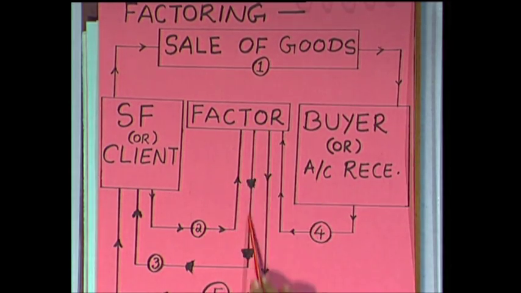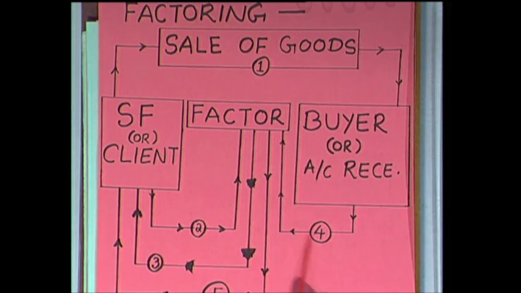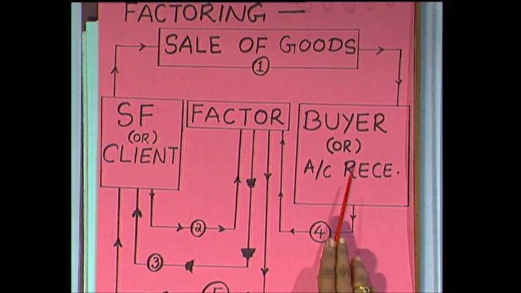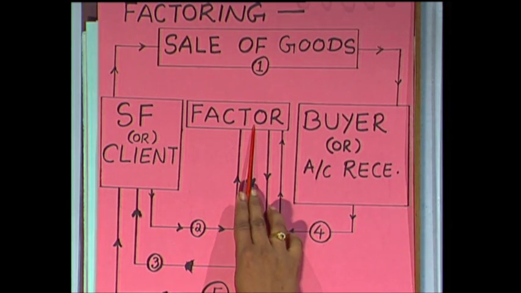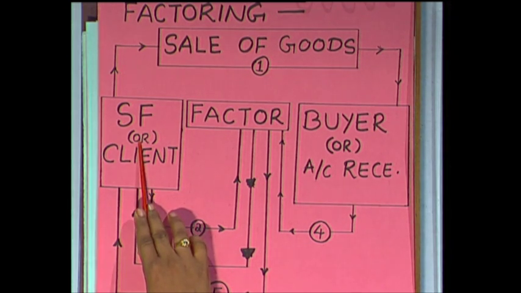Then factor will advance amount to the selling firm and later factor will collect the amount from the buyer. After collecting the amount from the buyer on the due date, factor will send the full amount final payment to the selling firm. So, this is what is factoring. Instead of you collecting the amount, you are entrusting this task to the specialized agency known as factor.